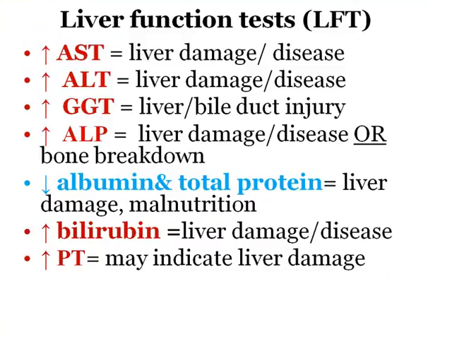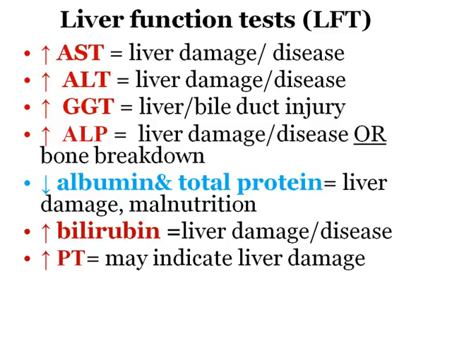All right, I mentioned just a minute ago the liver function tests that you may see ordered. If you need some more detail on what these tests are telling you, of course, you can look in your drug book. I just want you to have a general understanding of what each one does. If you have an elevation in your AST, that could represent liver damage or disease. Same thing with the ALT.